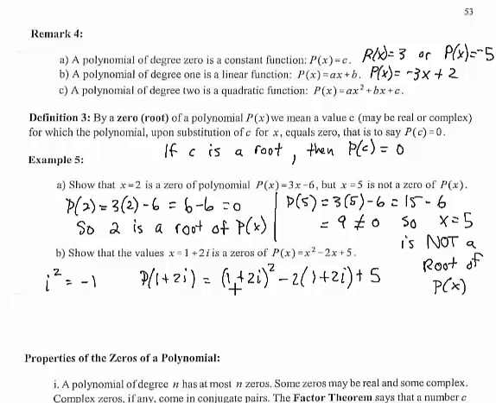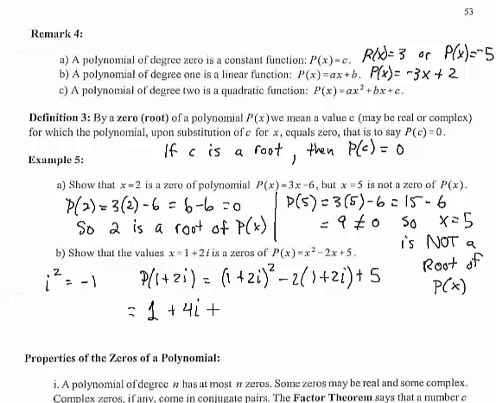So if 1 plus 2i is a root of this polynomial, you'll probably be surprised that all of these i's will end up canceling out. If we square 1 plus 2i, we get 1 plus 4i. We simply multiply the two terms and double it since we're squaring a binomial.